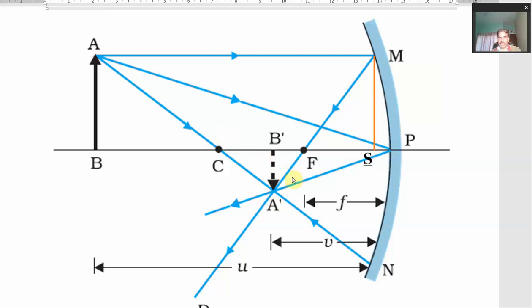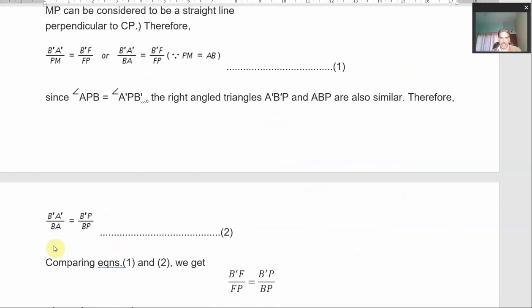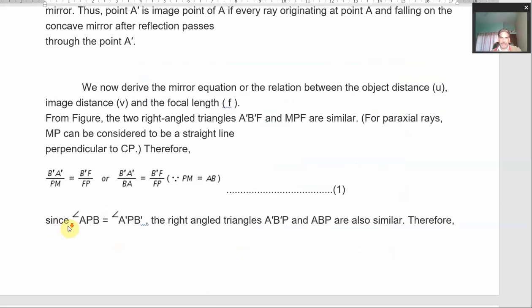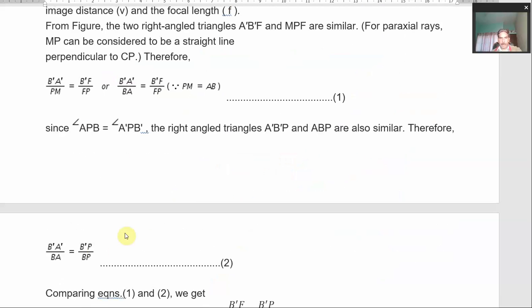So the ratio of their corresponding sides will also be equal. The corresponding ratio is B'A' upon AB, which will be equal to B'P divided by BP. So this will be equation number 2.